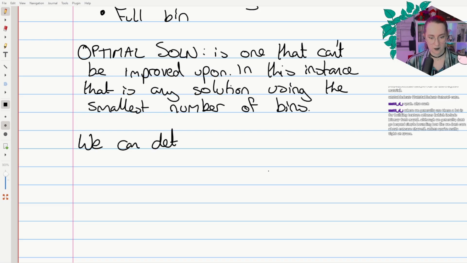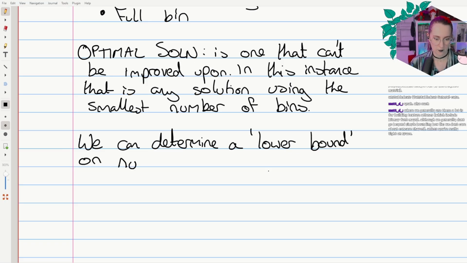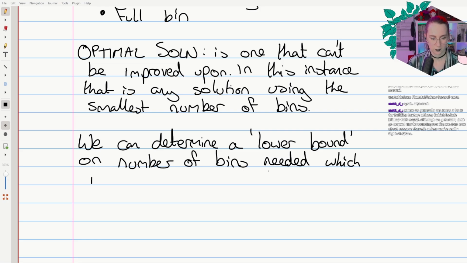We can determine a lower bound on the number of bins needed, which indicates an optimal solution.